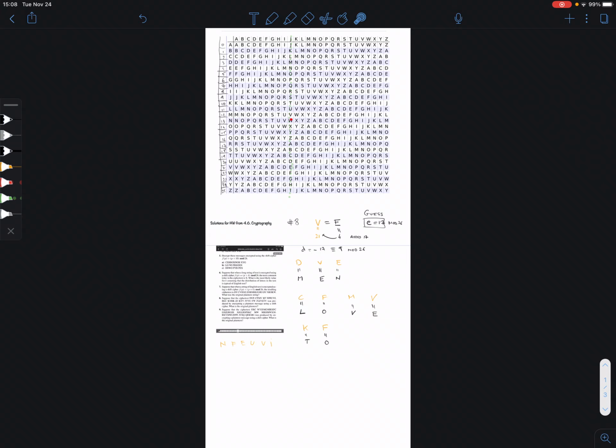An N, well, that is a W. F is an O. E is an N. U is a D. V corresponds to E. And I corresponds to R. So men love to wonder, and we see that there is a text coming up, and it makes a lot of sense. So let me undo it.